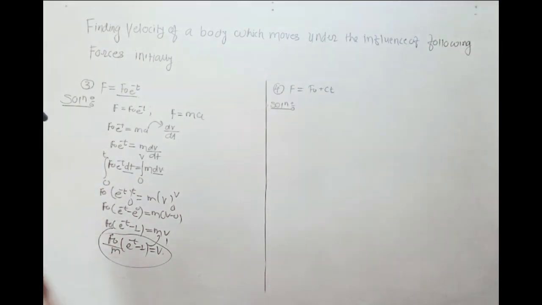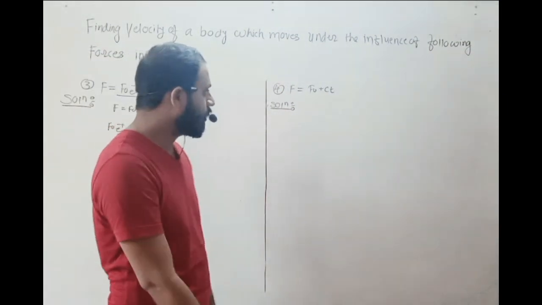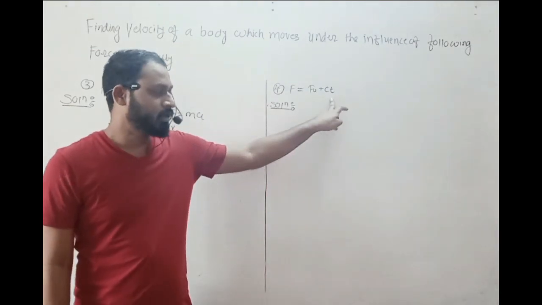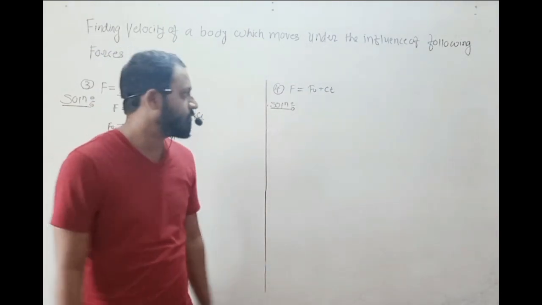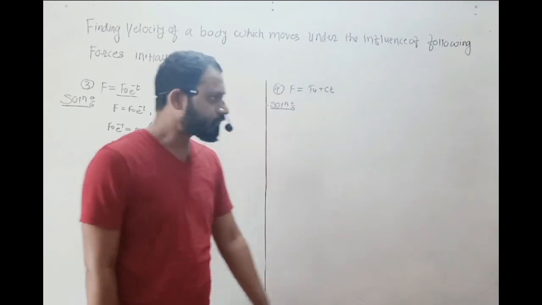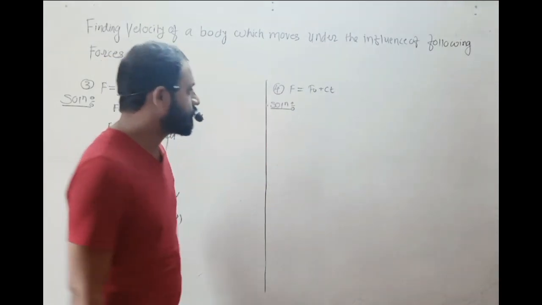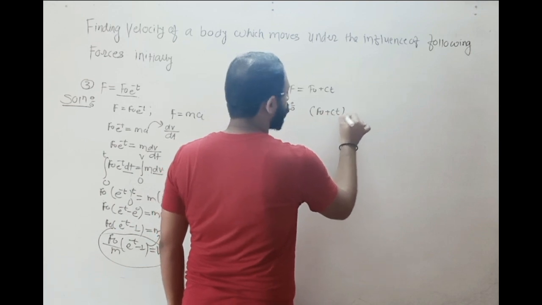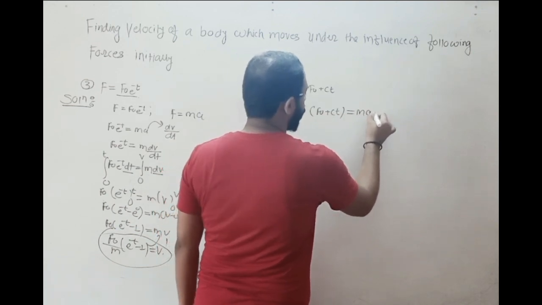Now see the second one. F = F0 + ct, that is the force depends on time. Now you have to compare this force, that is F0 + ct = m a.